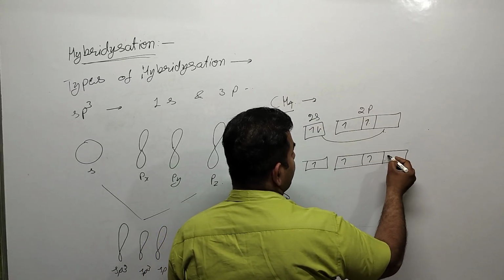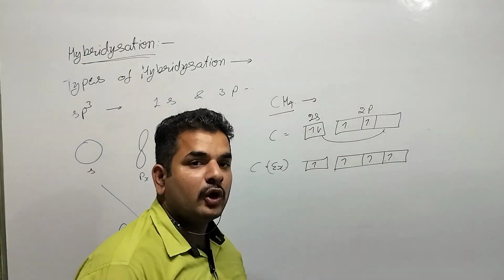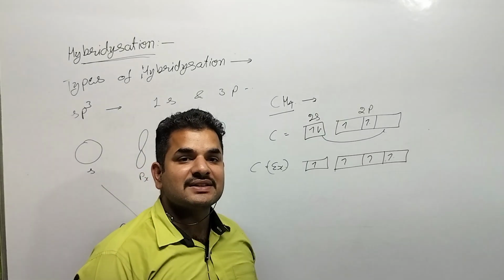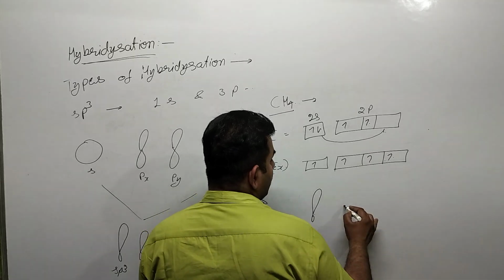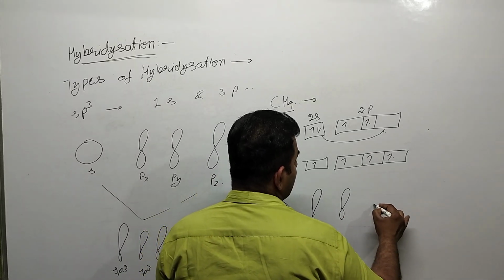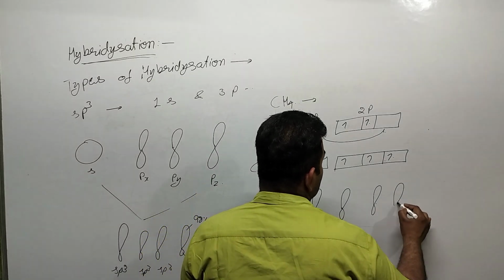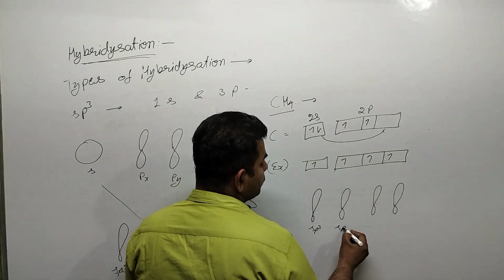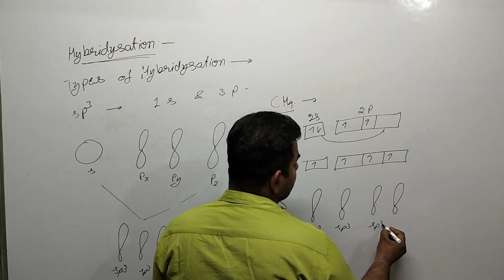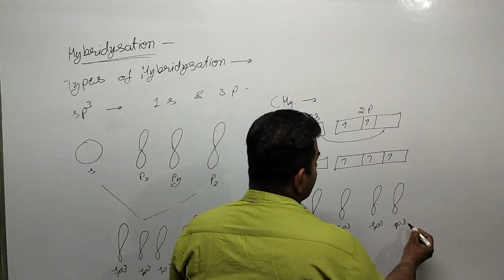These four half-filled orbitals intermix with each other, and they form new hybrid orbitals. These are sp3, sp3, sp3, sp3.